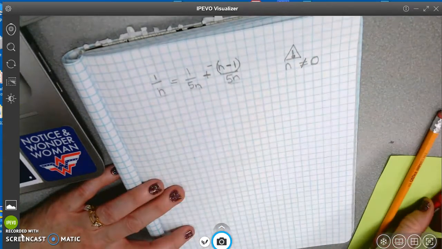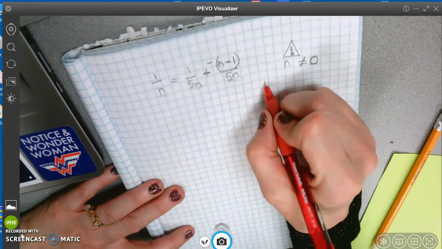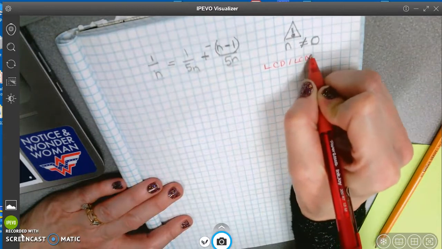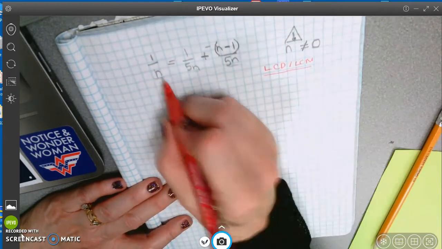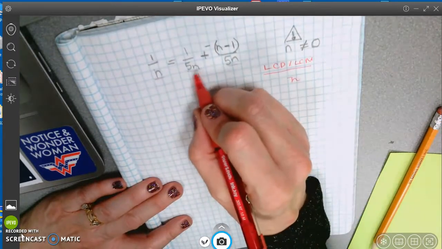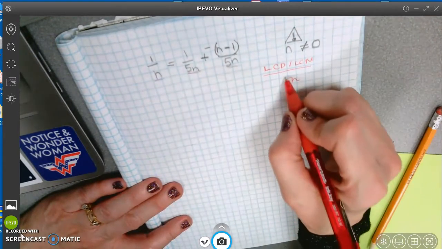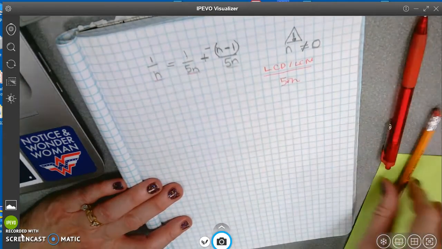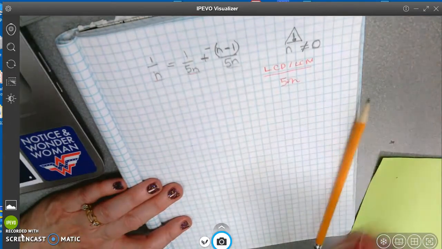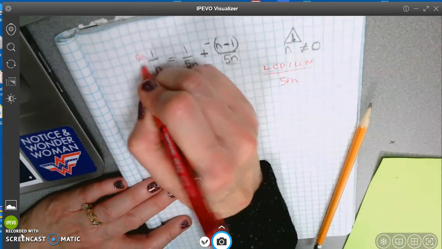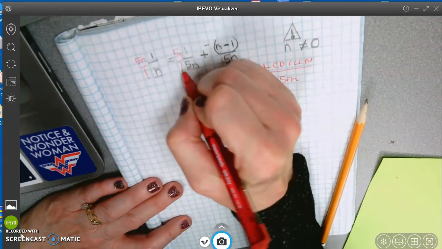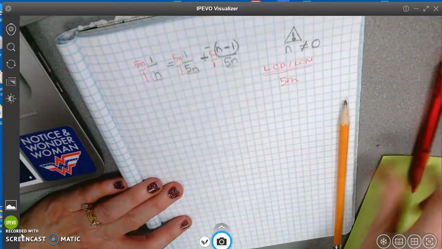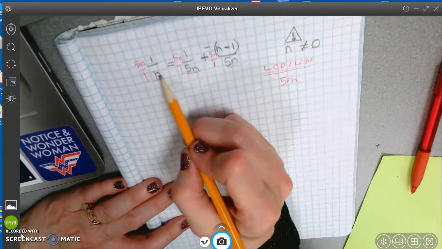All right, so now we're going to go back and look for an LCD. My lowest common denominator, or in other words, my lowest common multiple, is going to be one of everything. I need an n. I don't need a 5n because I already have an n, but I do need that 5. So I want every denominator to be 5n. So if I multiply each fraction by 5n over 1, what's going to happen is, again, we're going to have things reducing.